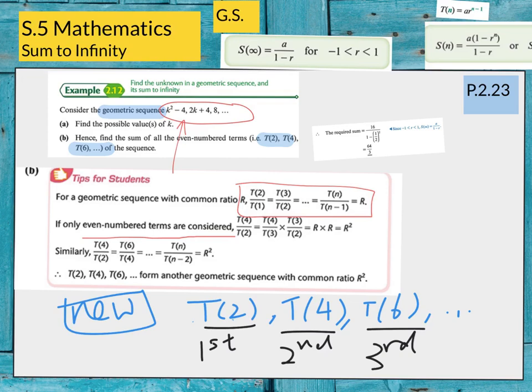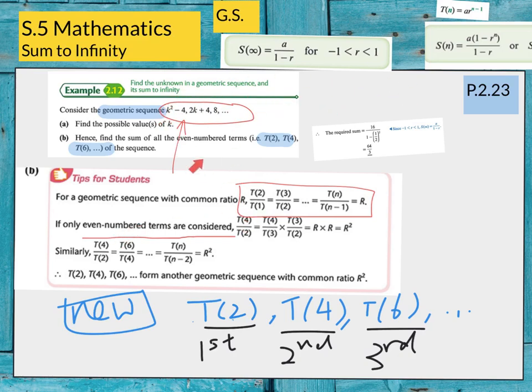The new sequence is in this way: the first term is T2, the second term is T4, the third term is T6. The second term divided by the first term of the new sequence is R squared, because the original sequence multiplies by R each time.